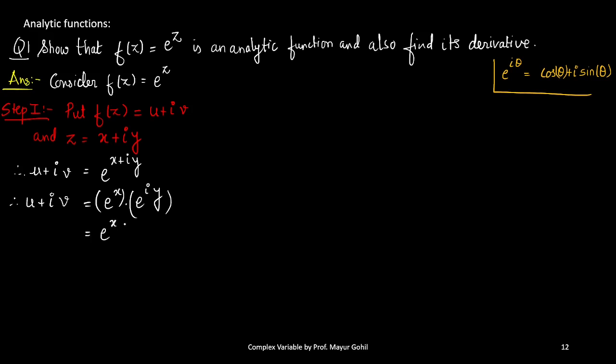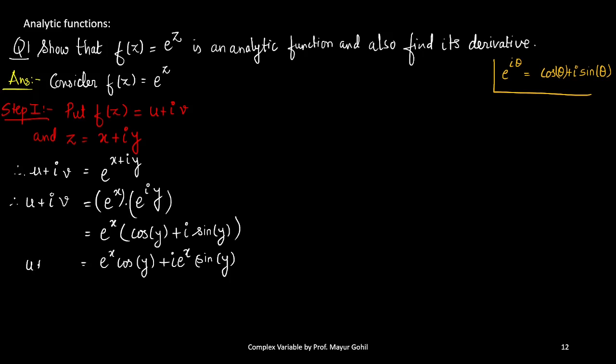So e to the power x times cos of y plus i times sine of y. We multiply them here, so we get e to the power x cos y plus i times e to the power x sine y.